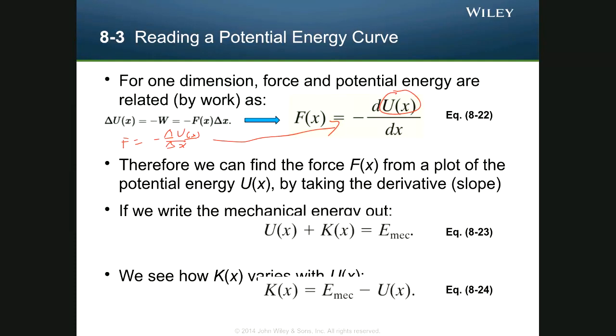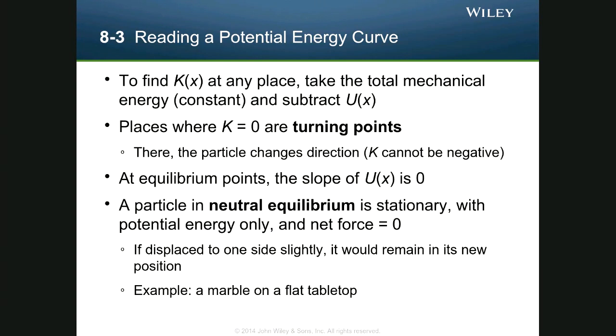And if we have the potential, because we know energy is conserved, right, we can actually obtain information about the kinetic energy as a function of x as well. But there are going to be some features we see in these plots before we get to them. So to find the kinetic energy on one of these plots, we just take the total mechanical energy, which will be constant.